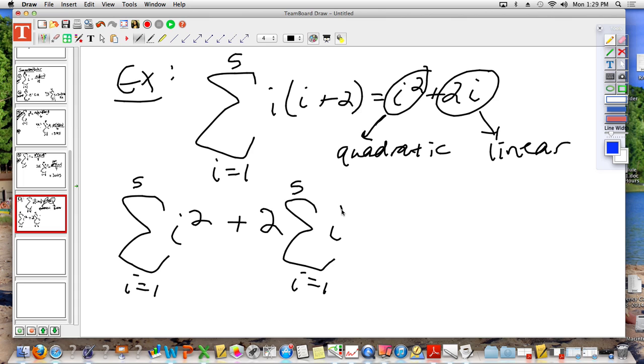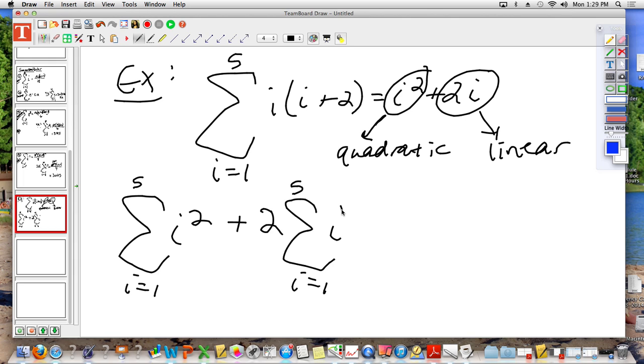So calculate it for i, and then double your answer. By putting the 2 out front, it's just telling you to put it aside for now, calculate it with just i, and then multiply the 2 into your answer. It's kind of like parentheses, 2 times whatever you get for this part.